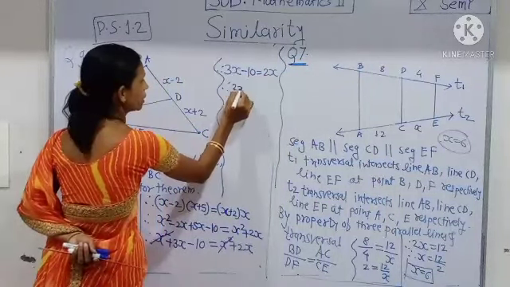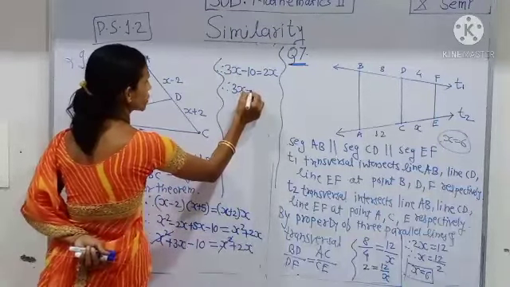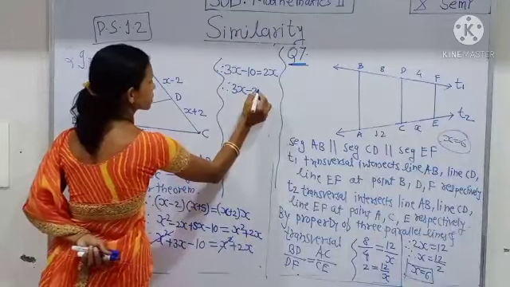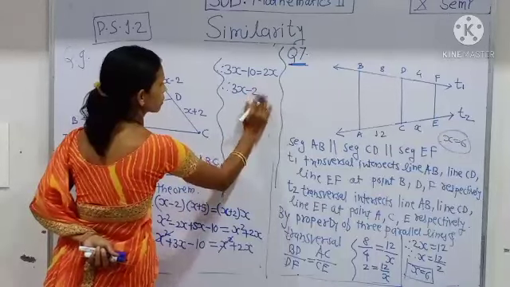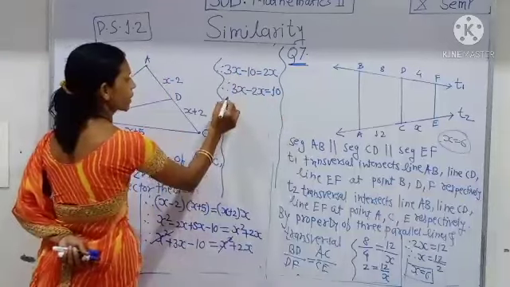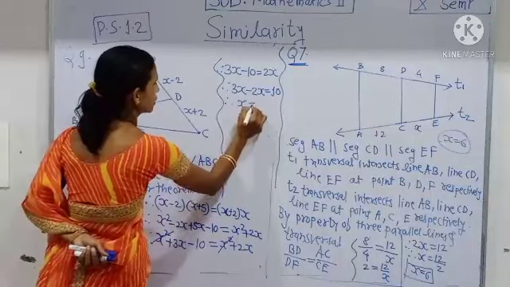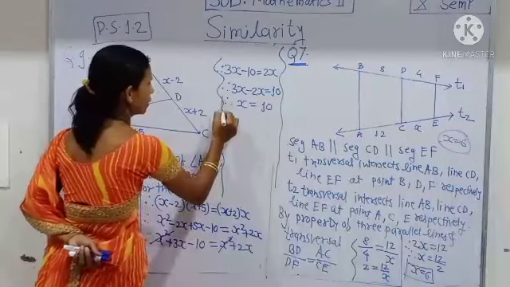Therefore here reshuffling the equation, we get 3x minus 2x is equals to 10. Therefore, 3x minus 2x, that is x, is equals to 10.